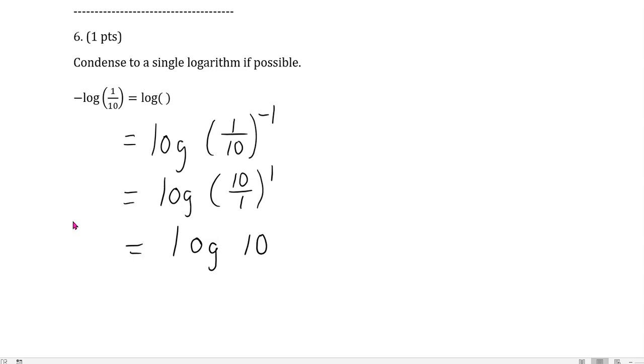Now this is what the textbook is looking for, but be aware that this could be reduced even more. Since we have log and no base written, the base is understood to be 10. And that means I have log base 10 of 10 equal to some unknown value. This means 10 to some power equals 10.